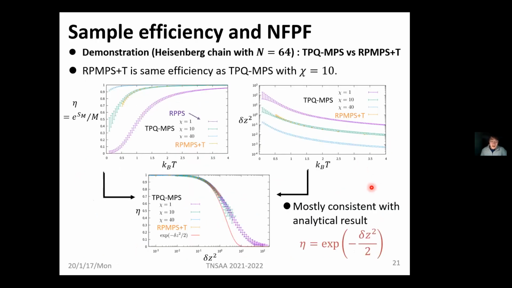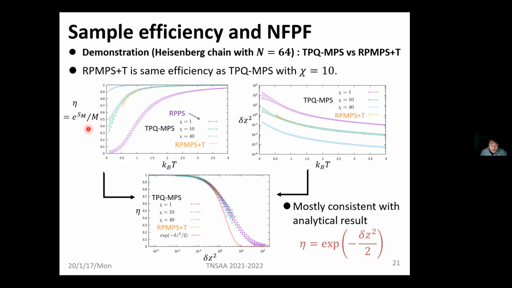This is a demonstration for the Heisenberg chain with system size n equals 64. Efficiency eta is calculated using the original definition using the sample rate by Goto-san, showing this equality.